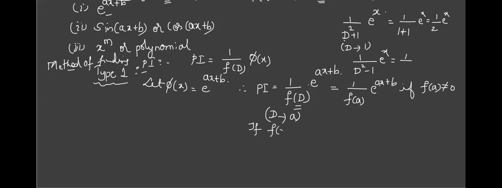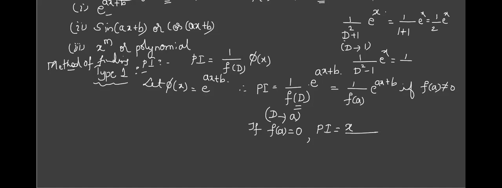If f of a is 0, then for the particular integral, remember my words: multiply the numerator by x, in the beginning only, and differentiate the denominator. What is the denominator? Only f of D. How do you denote the derivative of f of x? f dash of x.